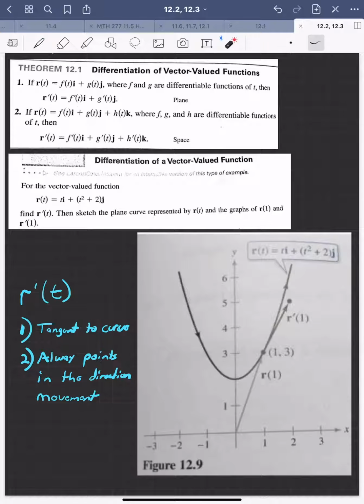Let me just make sure you understand what I mean there. You can see the arrowheads. You see how to trace this curve, right? Notice that when you plug 1 into r prime, here's that derivative, and see how it's pointing in the direction of movement. It's always telling you which direction you're going to go.